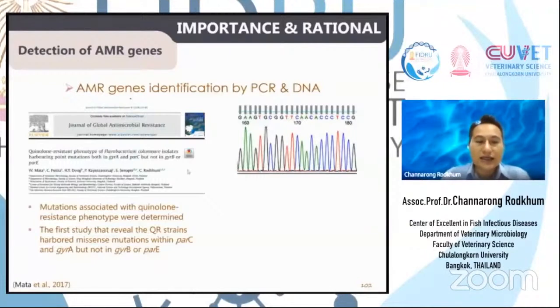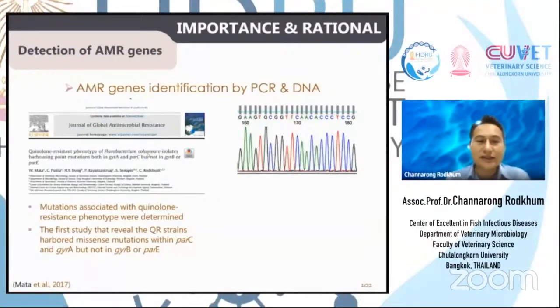The first study revealed that quinolone-resistant strains harbor missense mutations within parC and gyrA, but not in gyrB or parE.